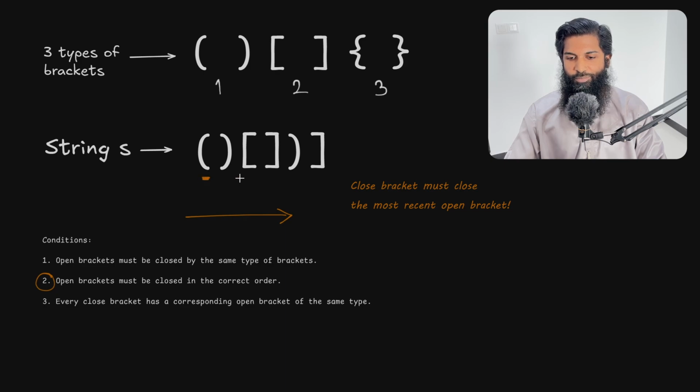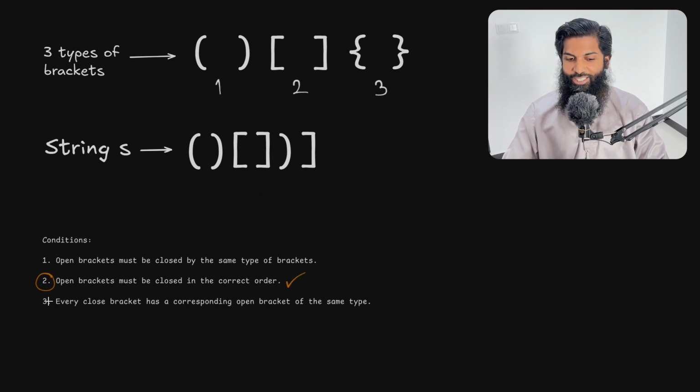Now the two open brackets in this string are closed in the correct order, and this string therefore does satisfy condition number 2. However, what about condition 3? Condition 3 states that every close bracket has a corresponding open bracket of the same type.